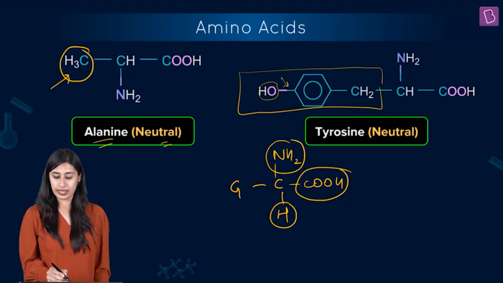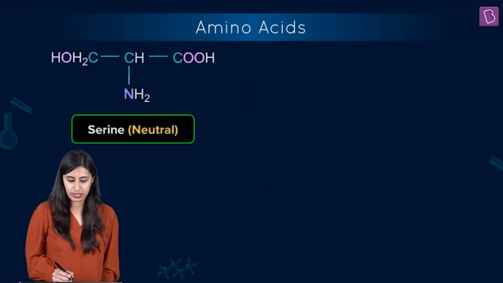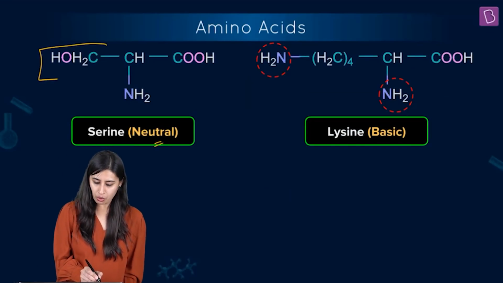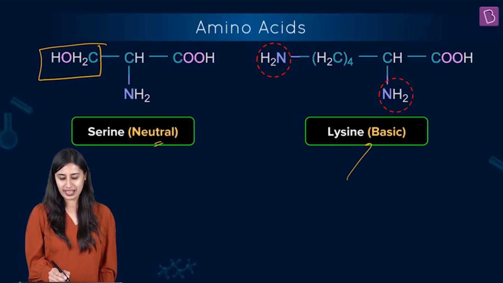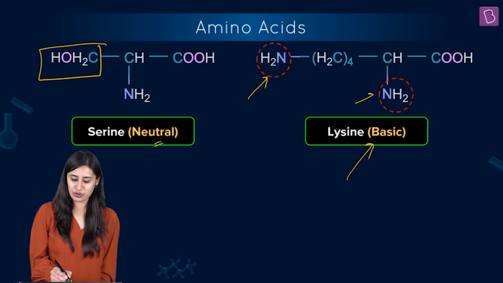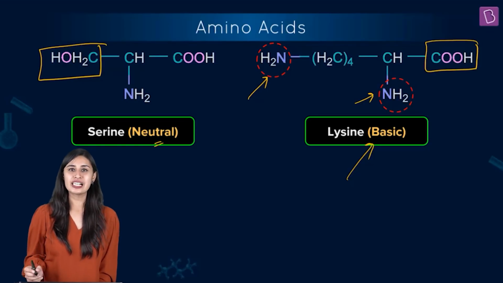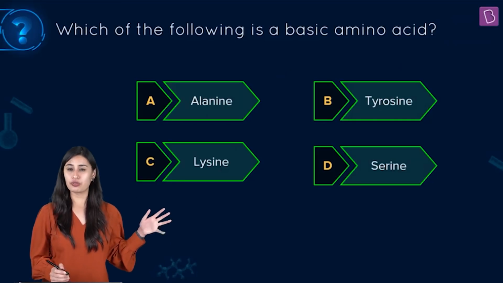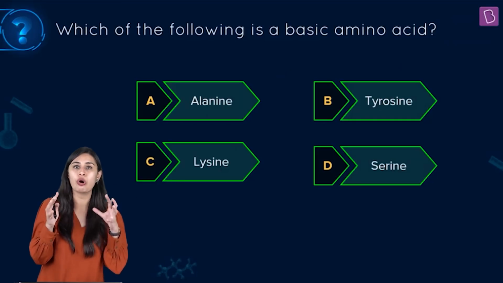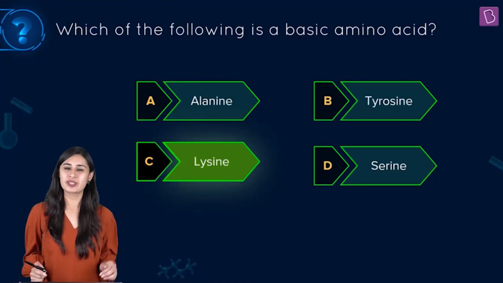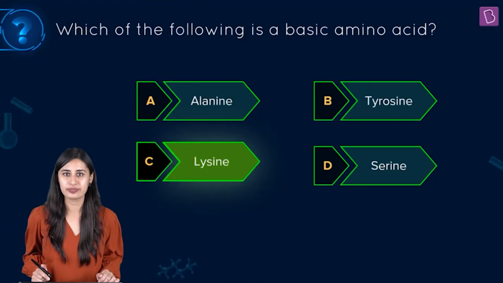So this is again a neutral. Serine is neutral. Yet again, we have a CH2OH group out here. But lysine, it's a basic amino acid. More amino groups are there as compared to the carboxyl groups. So you know the right answer to this very easy question, which belongs to knowing the structure of different amino acids. Lysine becomes the right answer for this question.